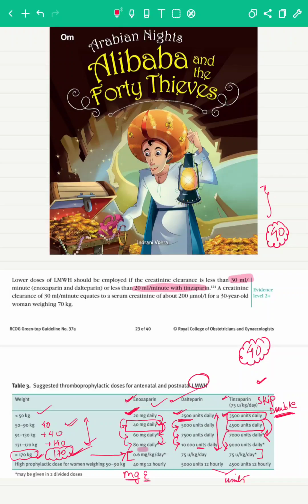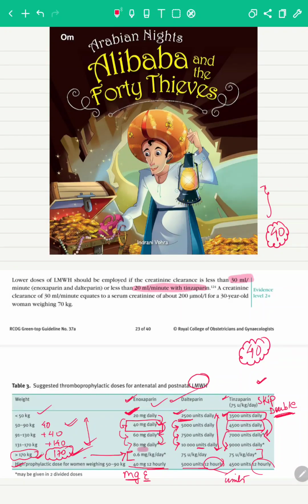For them, we have to give this dose twice a day. So for high prophylactic doses of women, we have to give the doses 12 hourly. This is an example which is given. So basically the idea is to double up the doses. It has to be given BD for a better protection in high risk patients.